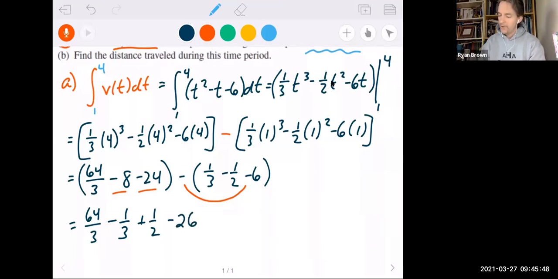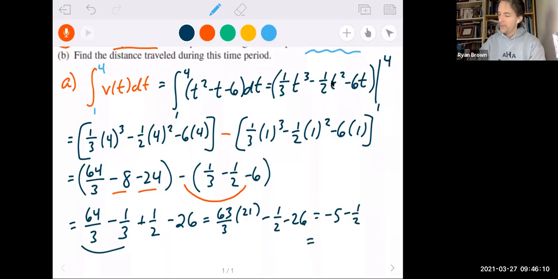Sounds good. So these together will give me 63 thirds, which is 21. I'll put that in parentheses. Minus a third. Oh, sorry, minus a half. Minus 26. So once I take that 21 minus the 26, I get negative 5 minus a half.